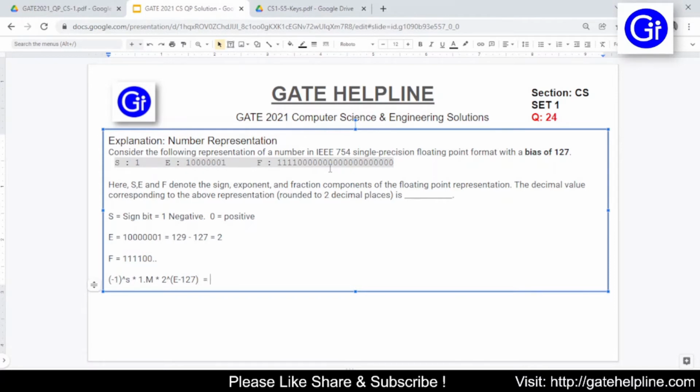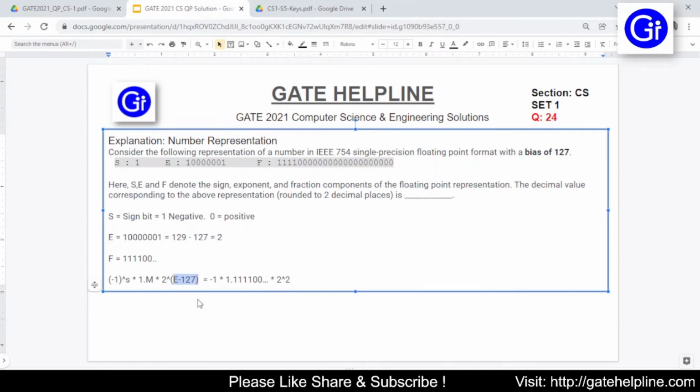So this will result in minus 1 into 1 point. Now we'll keep the fraction bits here, that is 4 times 1 followed by zeros, and then multiplied by 2 raised to power 2, because the value of the exponent we have calculated is 2, after subtracting 127 from it.